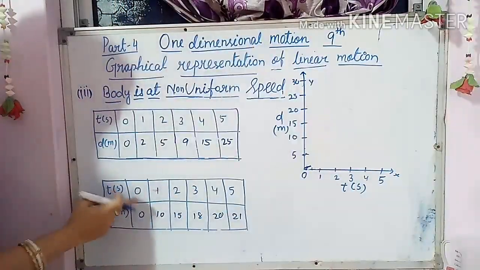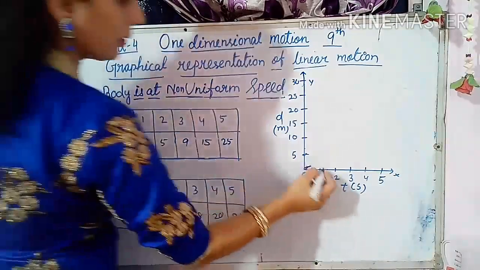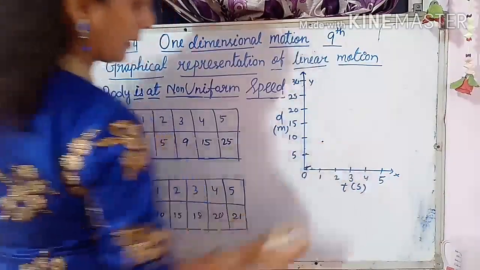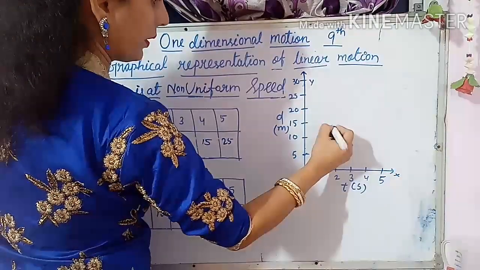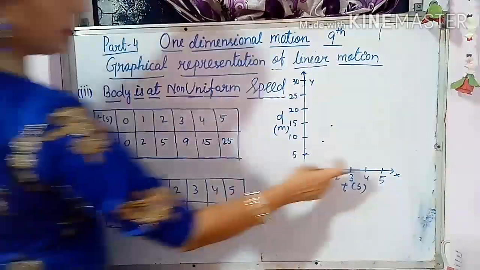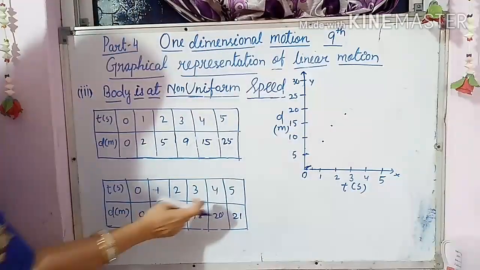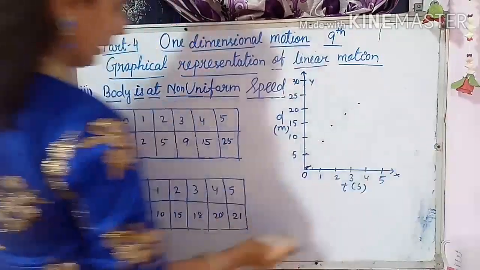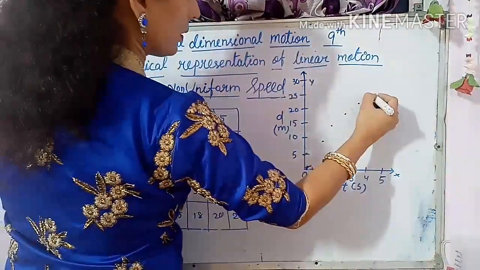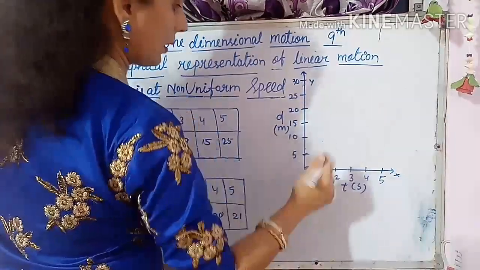Now see, at 0 it is 0. At 1 it is 10 meters, like this. Then at 2 it goes to 15. Then at 3 it is 18, so from 15 it will come like this to 18. Then 4 means 20, it will come here at 20. Then 5 means 21, suppose. So the graph will come like this. Now I am erasing and drawing the graph.